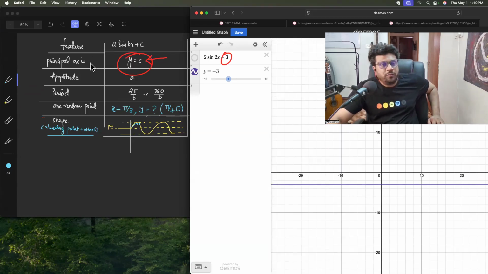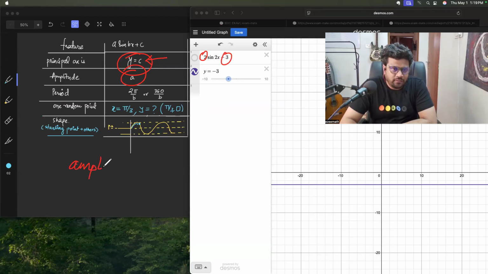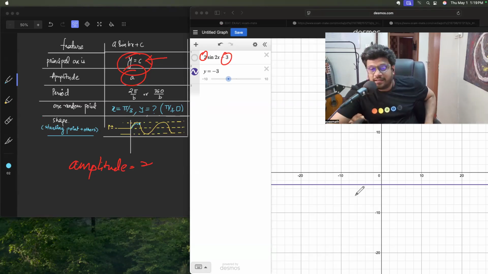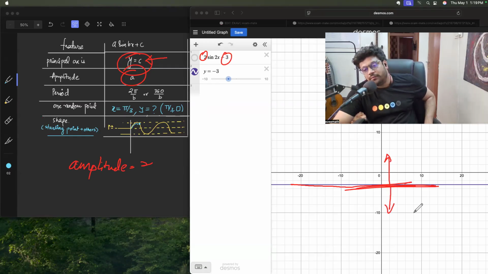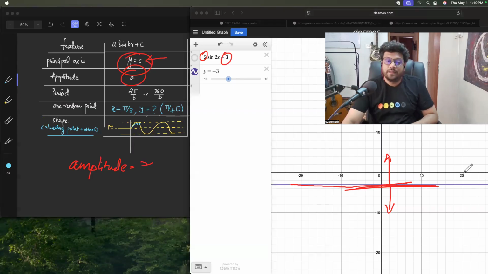And I also see that the a value is 2 there, which means that the amplitude of the curve is going to be 2. For me, it means that the curve will go from the principal axis 2 units up and 2 units down. That is the extent of the curve that I'm going to draw here.